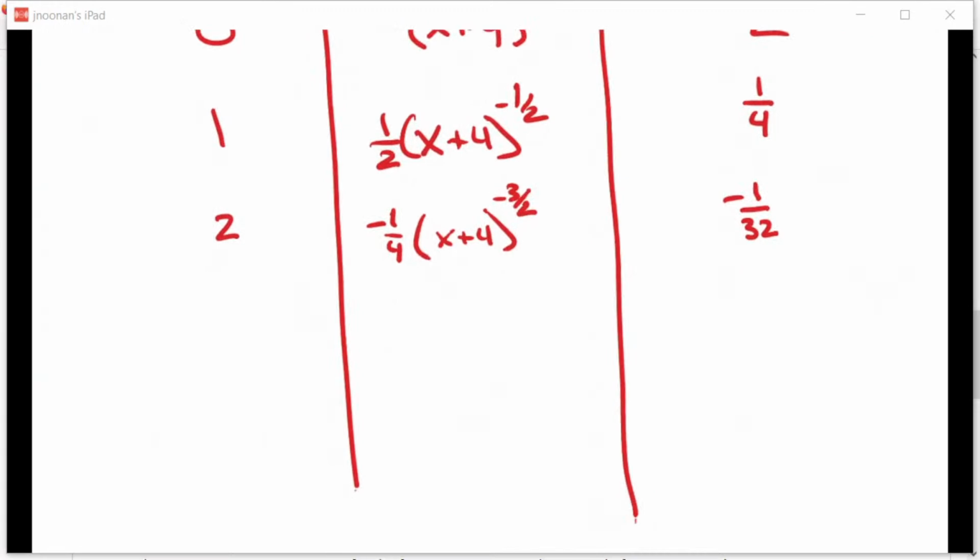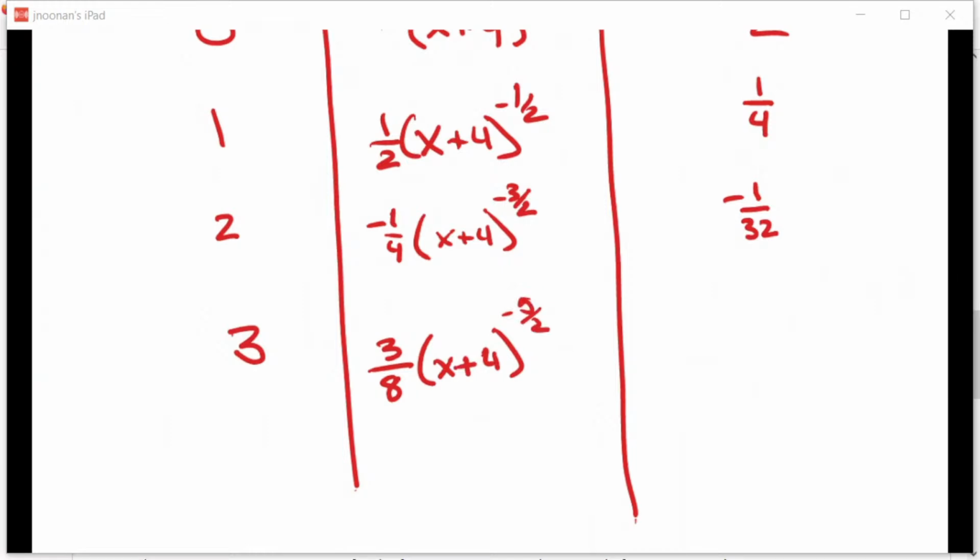Let's do one more, and then we're going to give up. Well, no, we're not giving up. We're just going to move on to the next example. Tony, do you know the derivative of that thing? So 5/2.